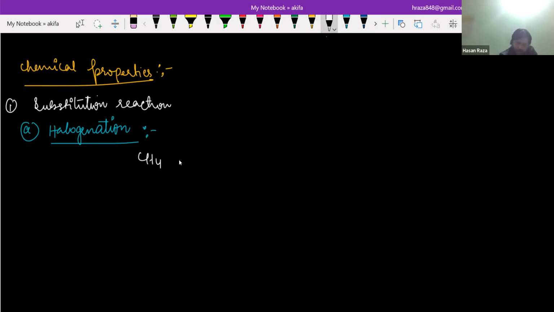CH4 will be added to Cl2 in the presence of h nu, or we can also say sunlight. Carbon in CH4 has 4 bonds, so it will break one bond from hydrogen, and chlorine will substitute the position of hydrogen.